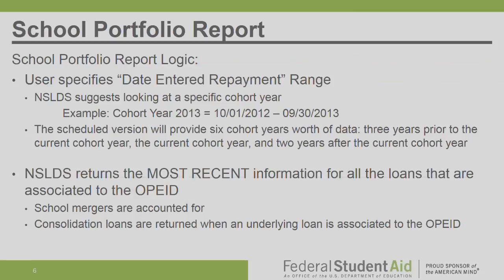So you can request the report for a specific cohort year. We just can't tell you you're doing it for a cohort year. You could request the report for only 3 days if you wanted, but that's not going to give you very much data. You probably want to look around graduation periods.